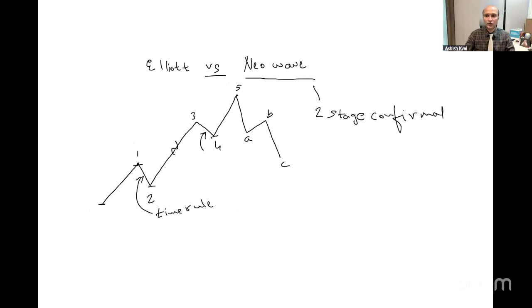Now, if you're looking at the two-stage confirmation method, it means that suppose if the overall trend was down, okay, let me just draw it a little more slowly. अगर ओवरऑल ट्रेंड नीचे का था, से फॉर एग्जांपल ए, बी और सी में, से दिस इज 0 पॉइंट. 0 पॉइंट मतलब जीरो प्राइस नहीं है दोस्तों, ए 0 पॉइंट है, उसको ध्यान रखना आपको. So this is not zero price but this is just a 0 point. There is a trend line here which is known as a 0B trend line.